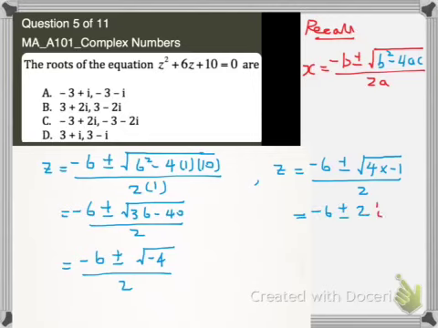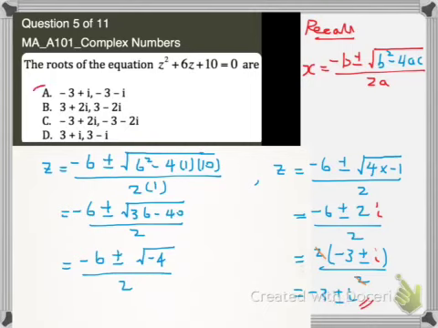Now note that the square root of minus 4 is actually 4 times the negative 1. So the square root of 4 is 2, and the root of negative 1 is i. Then we take our common factor and we simplify. Hence the answer here is A.